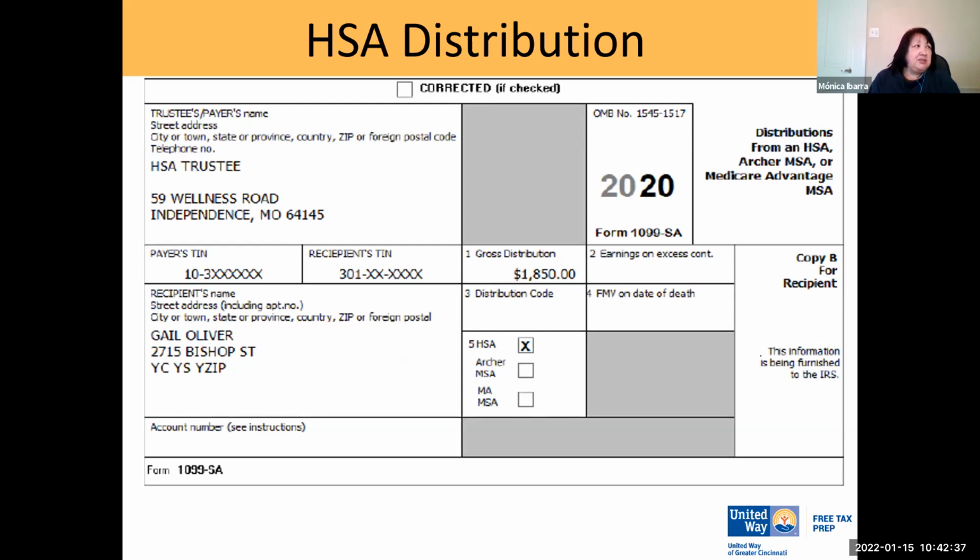I'm not going to equivocate. So they're managing your contributions. They say how much you contributed, and then this is how much you spent during the year for your qualified medical expenses. So you can see here in box 1 that this person spent $1,850 from the account.